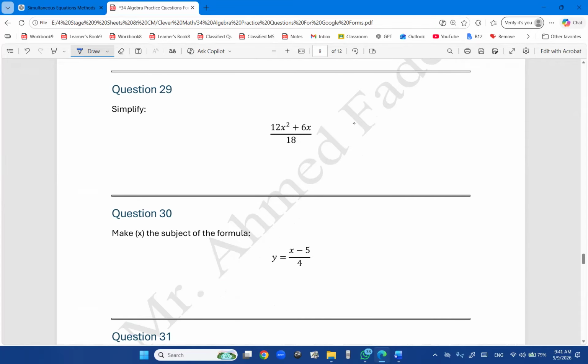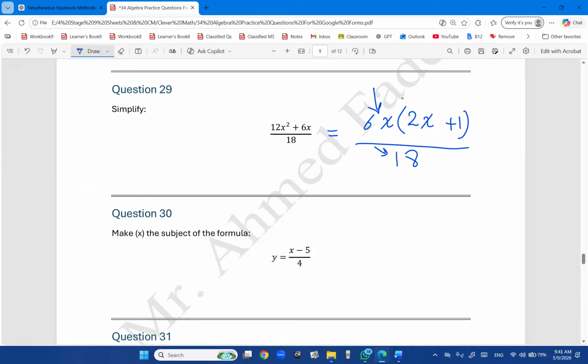Same thing over here. Factorize the numerator. Take the 6x out. And then 12x squared divided by 6x is 2x. Then plus 1. 6x divided by 6x is 1 over 18. Can you simplify anything from the factor with the denominator?